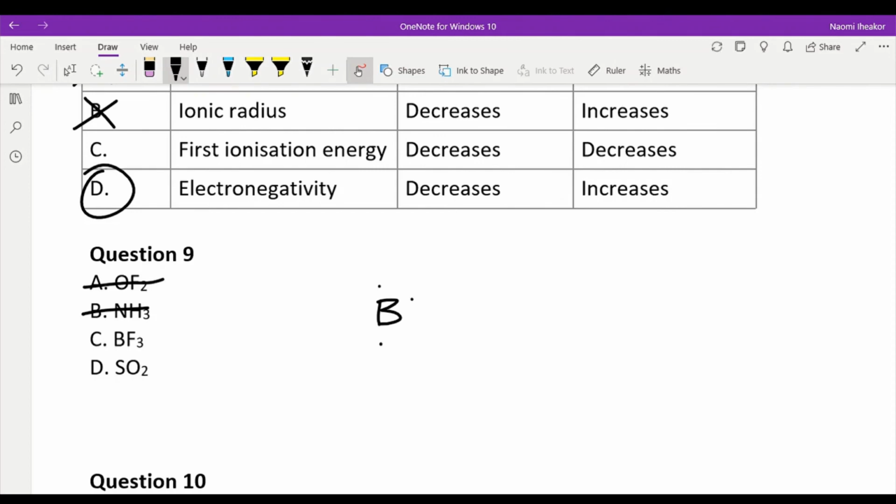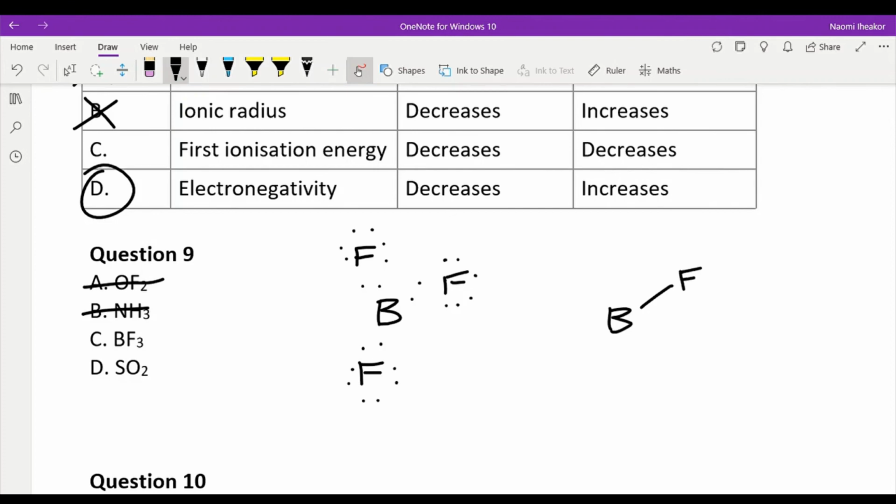We think about fluorine having 7, 1, 2, 3, 4, 5, 6, 7. Another one, 1, 2, 3, 4, 5, 6, 7. Another fluorine, 1, 2, 3, 4, 5, 6, 7. No lone pairs here, so if we have a think about the shape, that's going to be trigonal planar.